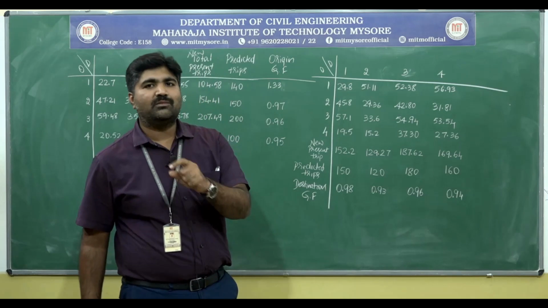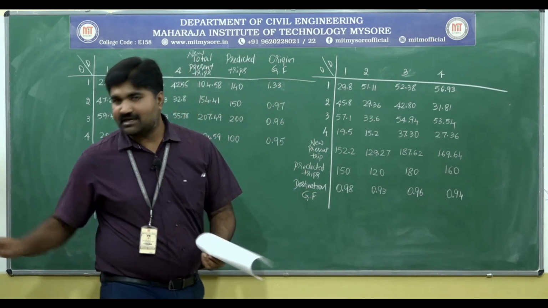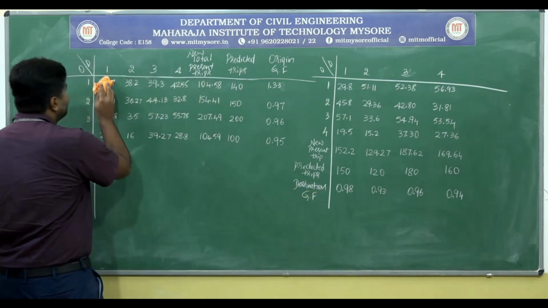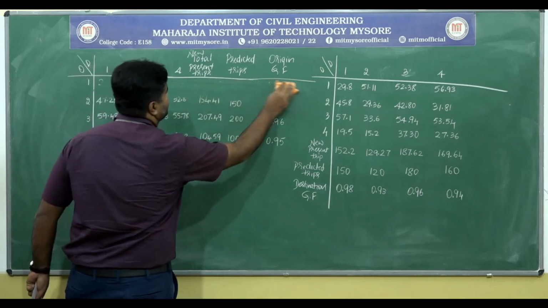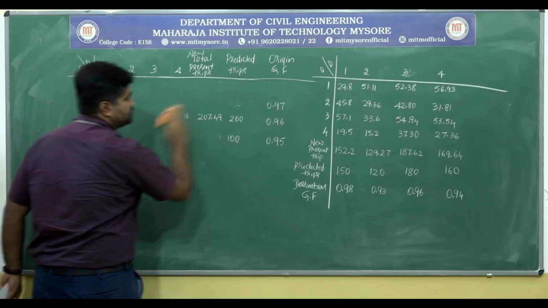This iteration procedure should be continued. For the next iteration we have to consider this destination growth factor. By using that, distribute the trips.